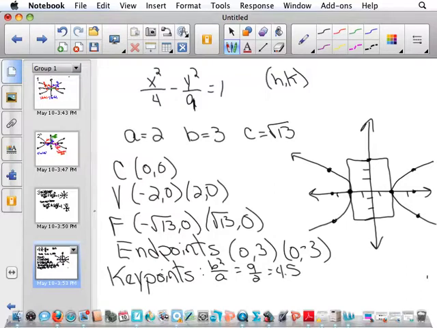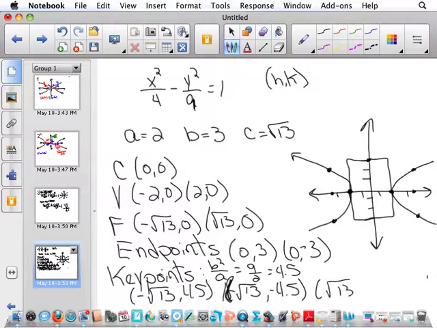So you'll go to the foci, negative root 13, up 4.5, and negative root 13, down 4.5. Then on the other side, root 13 up 4.5 and root 13 down 4.5. Those will be your key points.